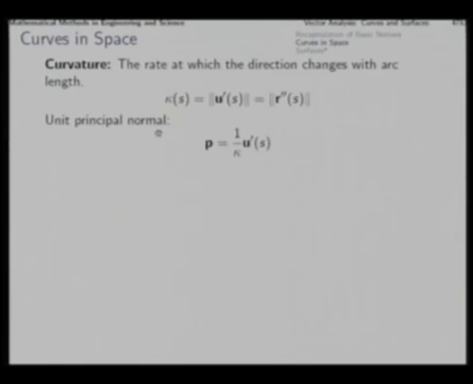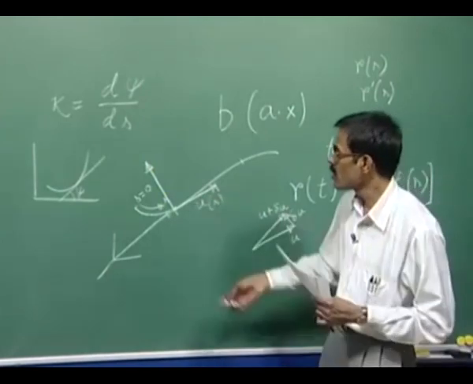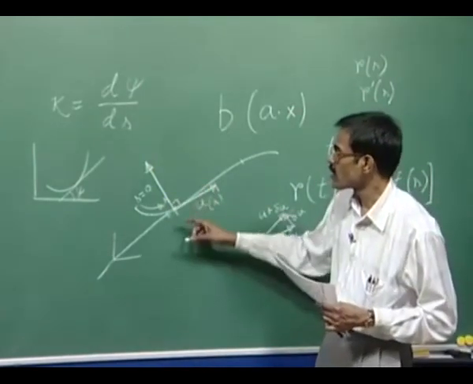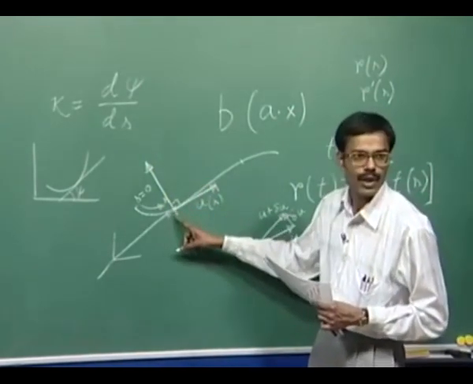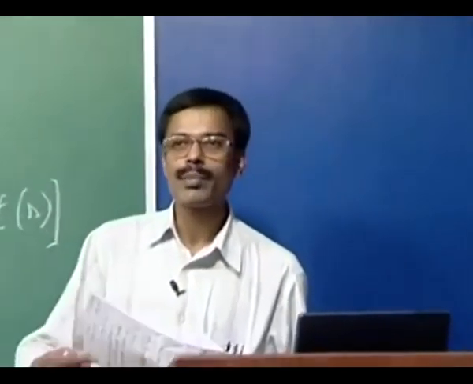Unit we can understand, because this is going to be a unit vector, because we are dividing u prime by its own magnitude. So, it will be unit. Normal we can see, because it is at right angles to the tangent vector. So, that is normal to the curve at this point. But why do we call it unit principal normal? Why principal?